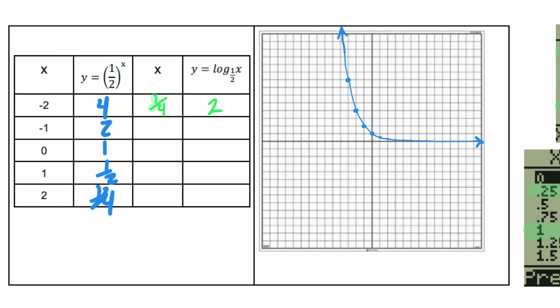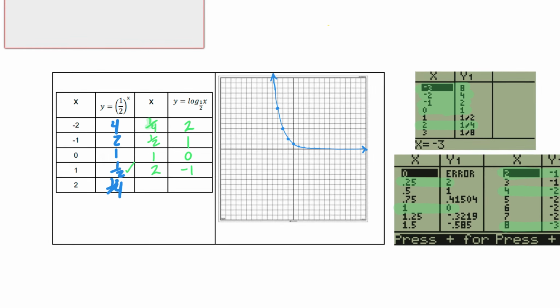And there's my ordered pair. And I'm just going to steal from the whole list. We had one at 1, 1/2, so I'm going to put one at 1/2, 1. I had an ordered pair of 0, 1, so I'm going to have one of 1, 0. And then ordered pair of -1, 2, so 2, -1.